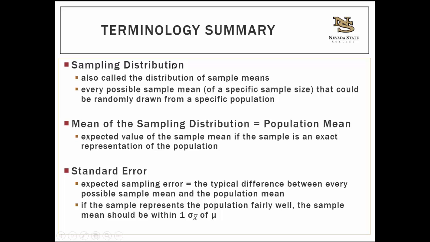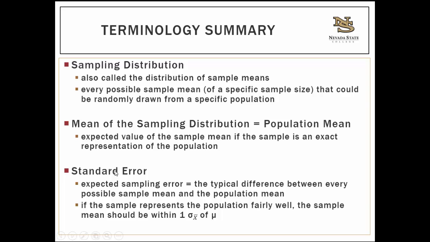Also, the sampling distribution can be referred to as the distribution of sample means. These two things mean the exact same distribution. Then the mean of the sampling distribution is equal to the population mean, and we refer to the mean of the sampling distribution as the expected value of the sample mean if the sample actually represents the population.